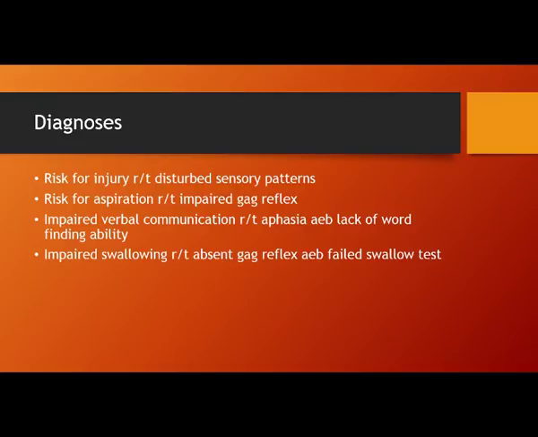Then impaired verbal communication related to aphasia as evidenced by lack of word finding ability. There's expressive aphasia, meaning that you can't say what you want to say. Receptive aphasia, you can't understand what other people are saying to you. And global aphasia is both.